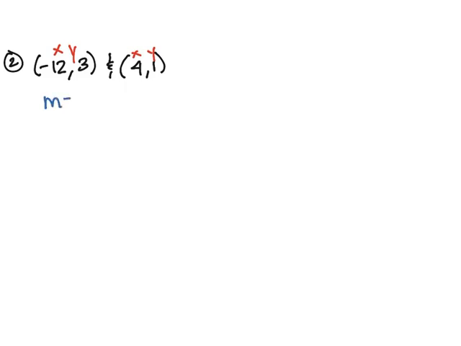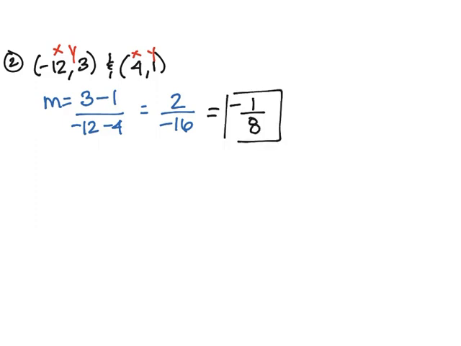So we're going to plug in our y numbers, 3 minus 1, over our x numbers, -12 minus 4. So 3 minus 1 gives us 2. -12 minus 4 is a -16. And we know that 2 over -16 reduces to a -1/8. And that's your slope.